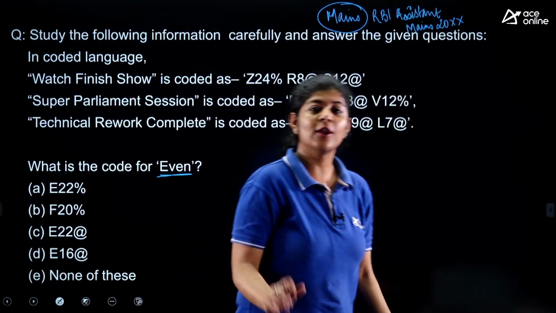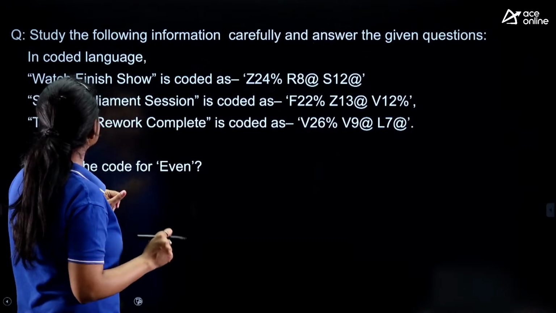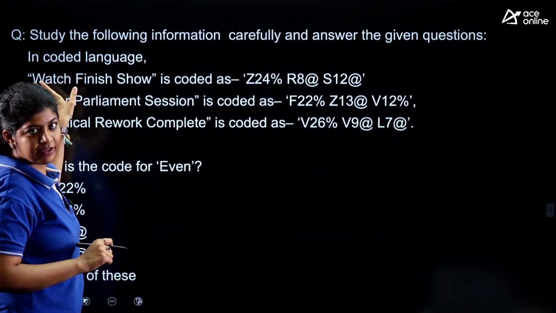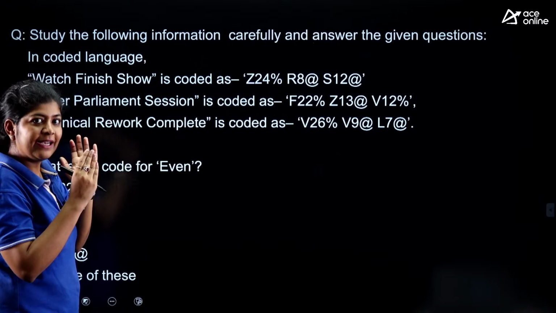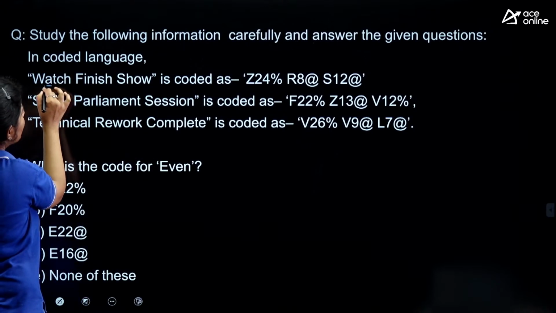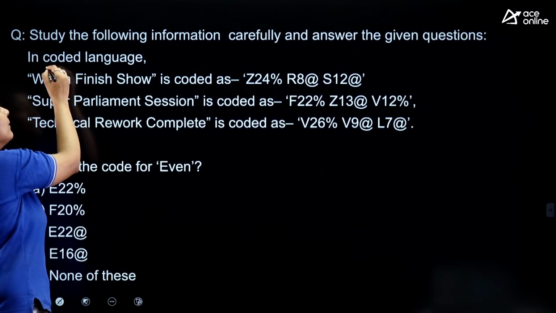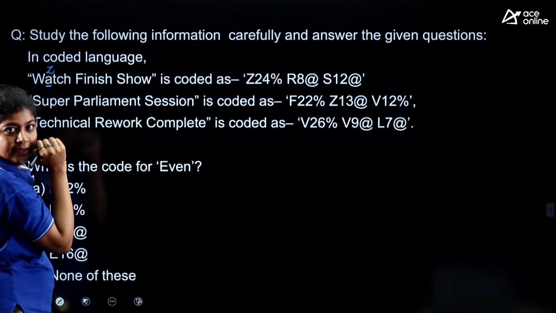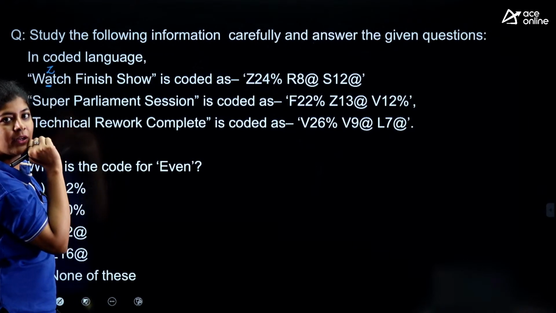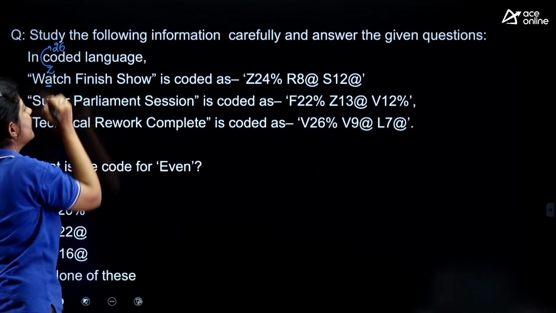So here, the logic is, first, whatever word we have, we need to check the second and the second last letter, right? Here the second letter is A, and the opposite pair of A is Z. The associated number of Z is 26, right?